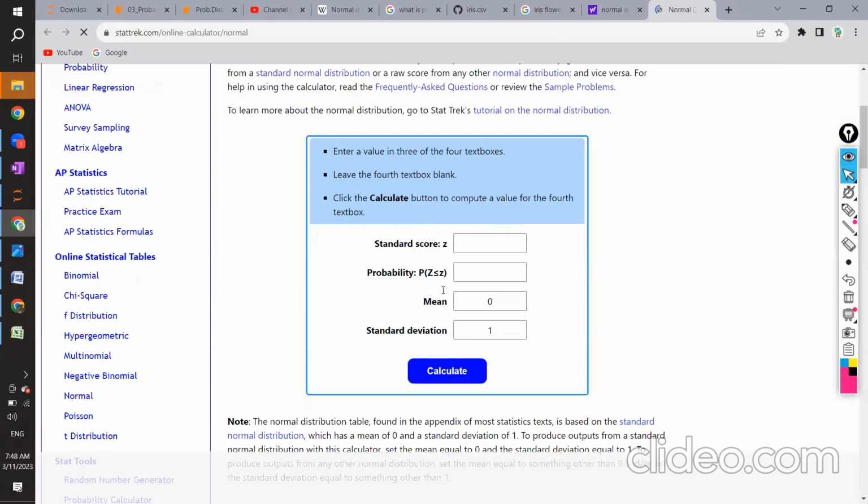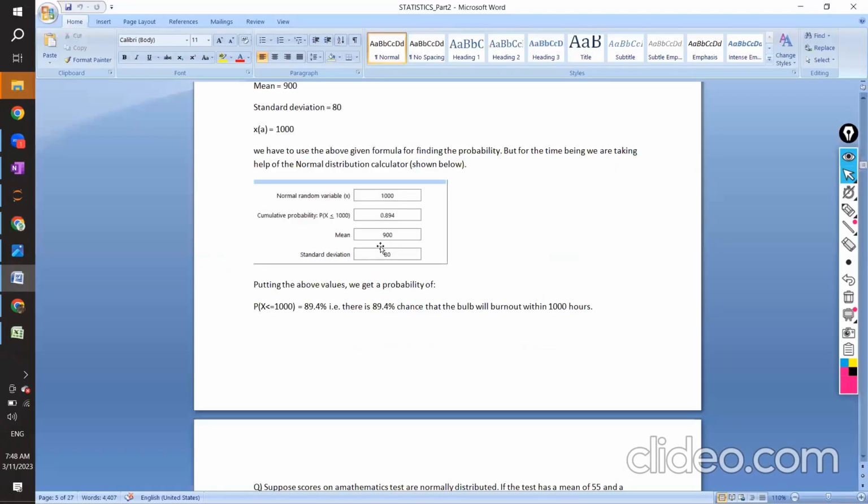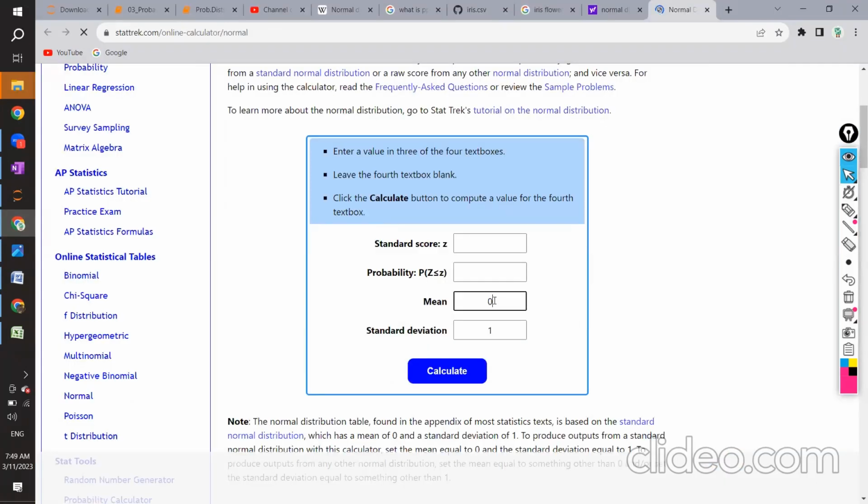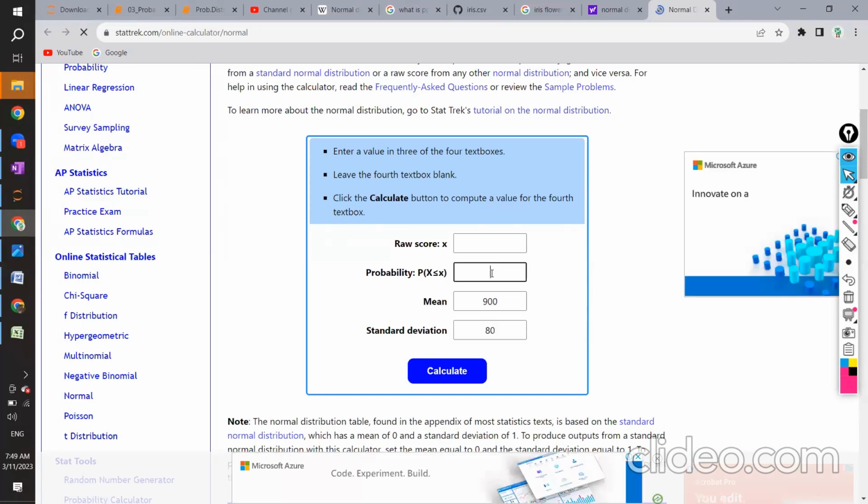Fine, normal distribution calculator. So here, what is our mean? Mean is 900. Agree? And standard deviation is 80. And what do you want?